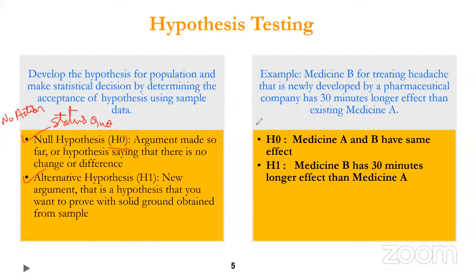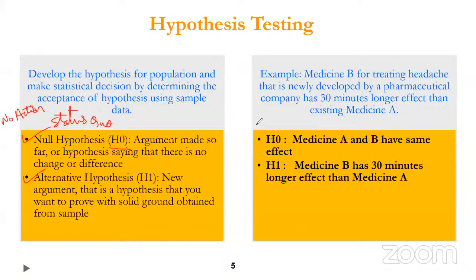So hypothesis is sort of creating a proof for whatever we are commenting, right? For that we'll require to generate a proof over here, right? So we need to provide some explanation or statistical proof.